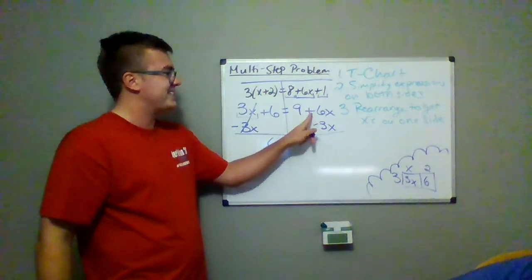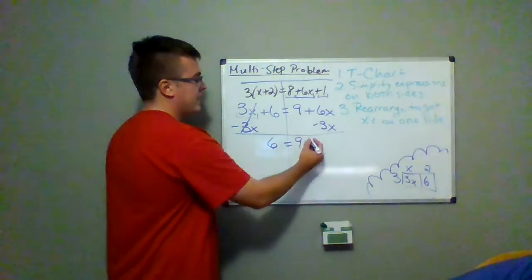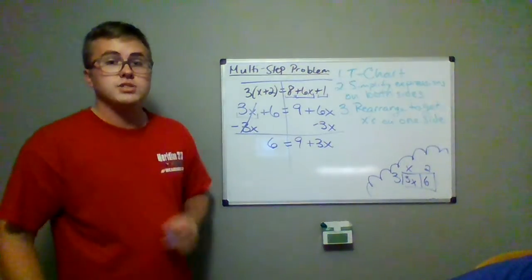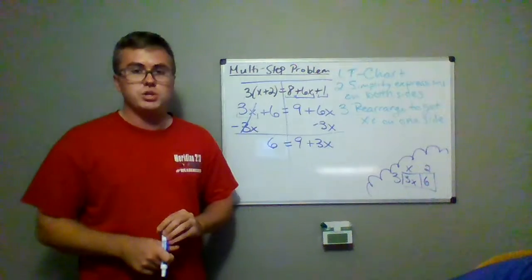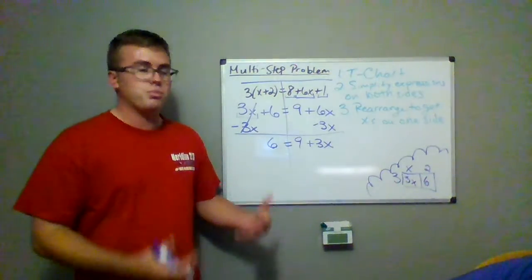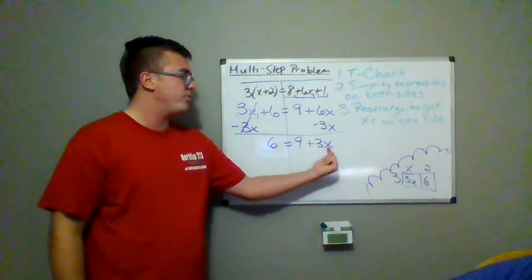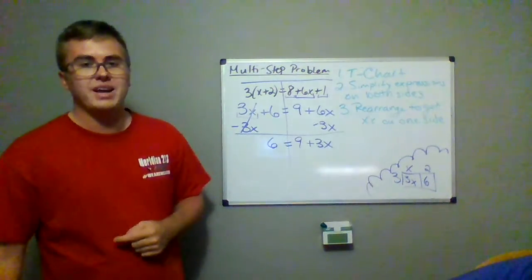But I can do 6x minus 3x to get 3x. So now it looks just like that two-step equation we had in the previous problem. We've got a number is equal to a number plus a coefficient in front of a variable.